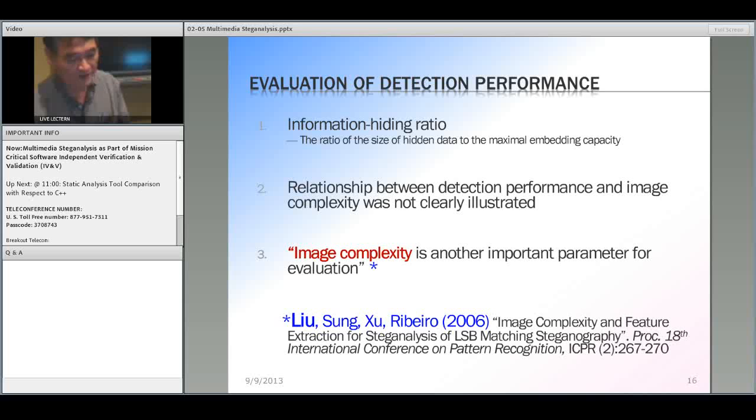hiding ratio. If the hiding ratio is very high... hiding ratio may refer to the number of bits that have been modified relative to the total number of bits, for example, or the number of DCT coefficients that have been modified in a compressed JPEG image, for example, and that's called the hiding ratio.